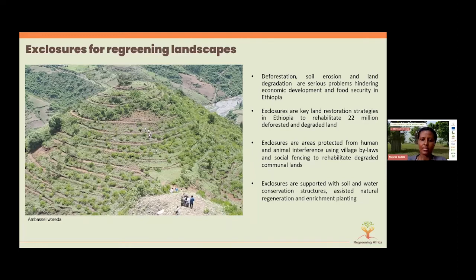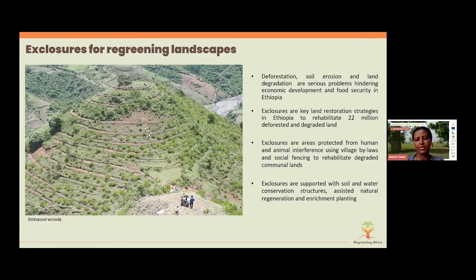Exclosures are a key land restoration strategy in Ethiopia to restore these degraded lands and also to realize the ambitious land restoration targets that Ethiopia has pledged under the AFR100 Challenge. The country has pledged to restore 22 million acres of degraded land. So the Regreening Africa project targets also contribute to the national overall targets.